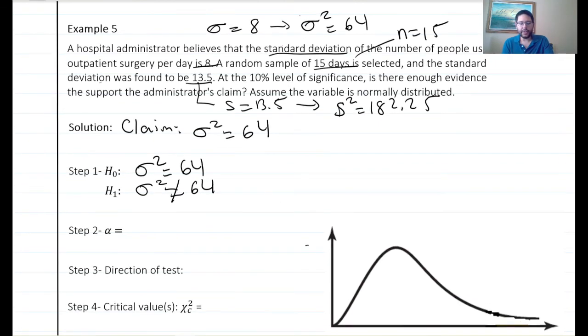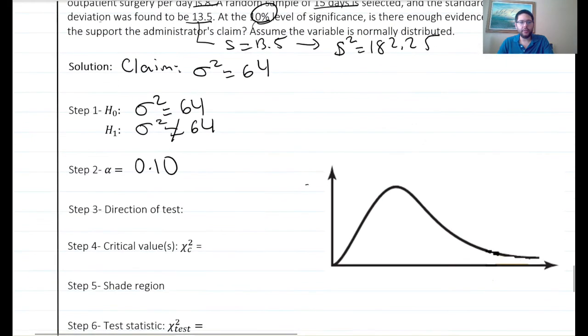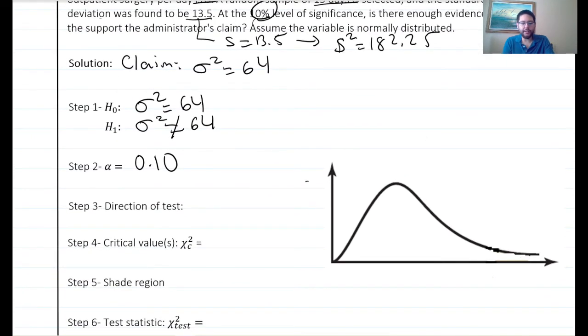All right, so now we have our alpha, which is a 10% level of significance. So alpha is 0.10. Based off of the fact that the alternative is not equal to, we're going to say it's a two-tailed test.